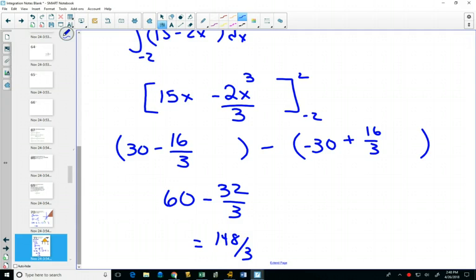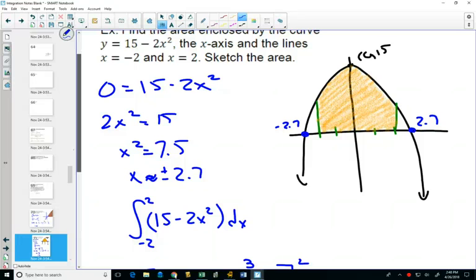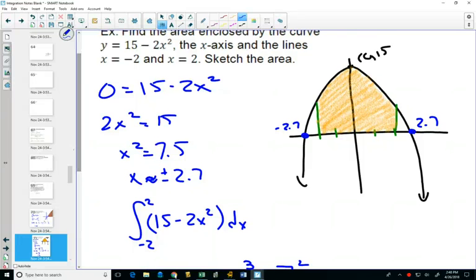Good? Yes. So, again, pretty cool that we could find that area relatively easily just using integration.